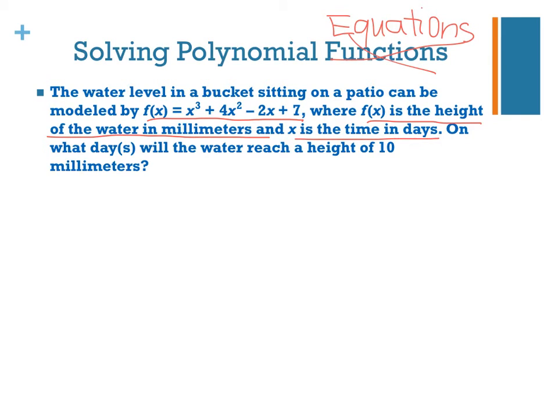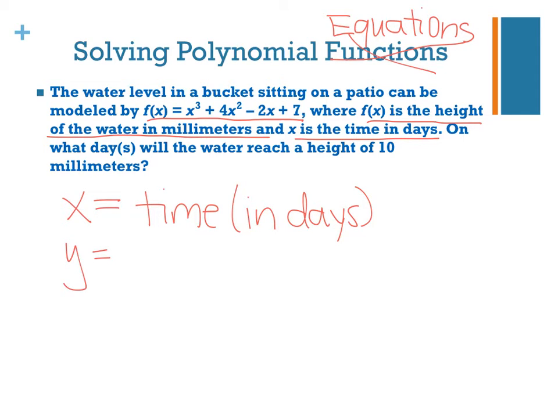So just to reiterate what they've given us for information, x is the time measured in days, and y or f of x is the height of the water in millimeters, and mm is the abbreviation for millimeters. On what day or days will the water reach a height of 10 millimeters?